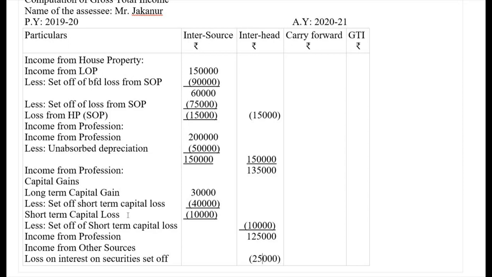So still there will be income from profession of rupees 1 lakh. This is underlined here. So 1 lakh is income from profession that we can take to the GTI column. So let me write in the GTI column also rupees 1 lakh here.